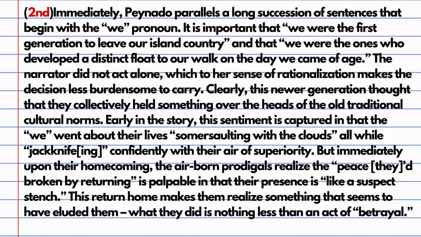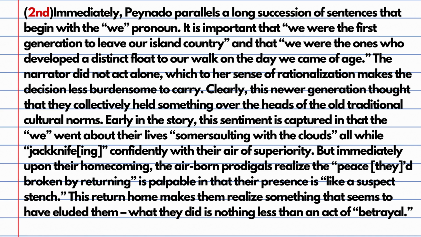So early in the story, this sentiment is captured in that the we went about their lives somersaulting with the clouds, all while jackknifing confidently with their air of superiority. But immediately upon their homecoming, the airborne prodigals realized the peace they'd broken by returning is palpable and that their present is like a suspect stench.